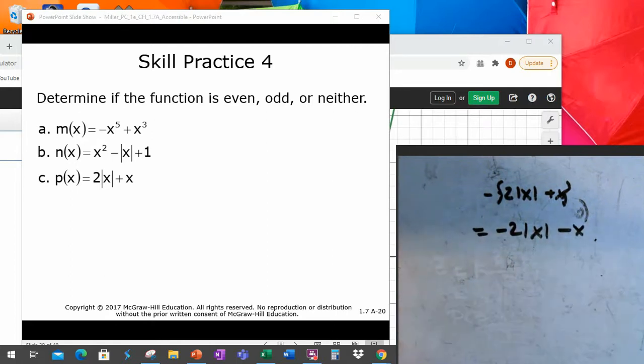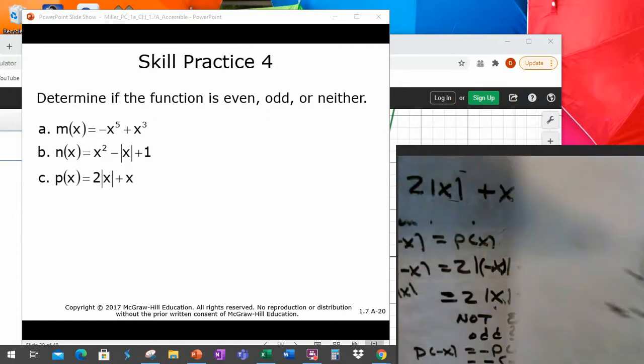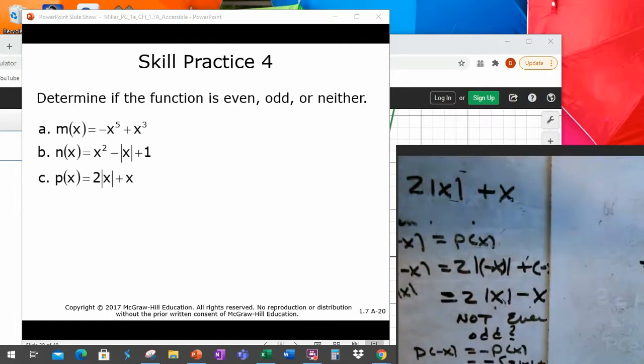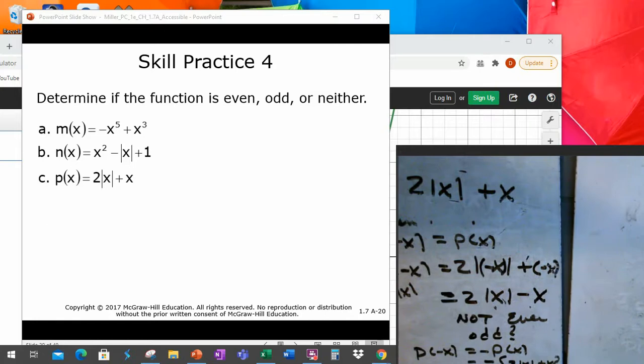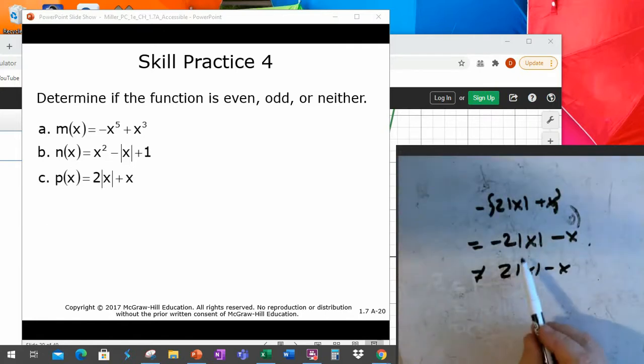And that is not the same thing as what we got there. So this is not the same thing as that 2 absolute value of x minus x that we got from before, okay?